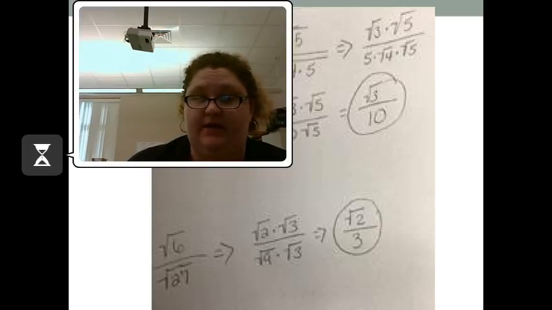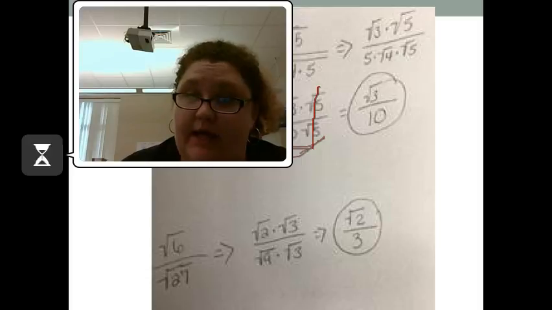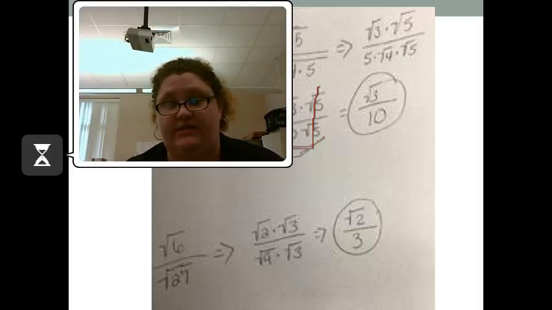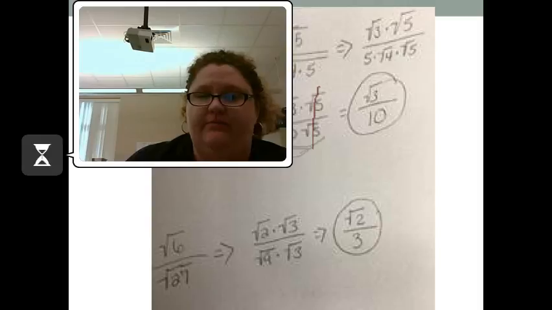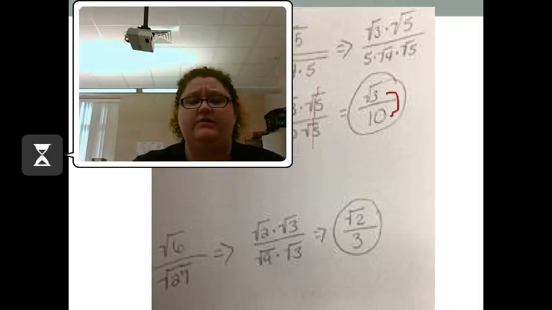So in this next step here, I did the 5 times 2, which gave us our 10. And in our final step, I went ahead and simplified and took out that square root of 5 over square root of 5. Because square root of 5 over square root of 5 is actually 1, and anytime you multiply something by 1, it's itself, so you're left with the square root of 3 over 10. Alright, so that one, not too bad.